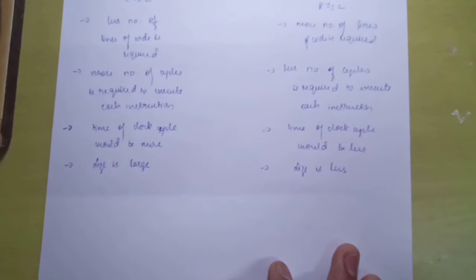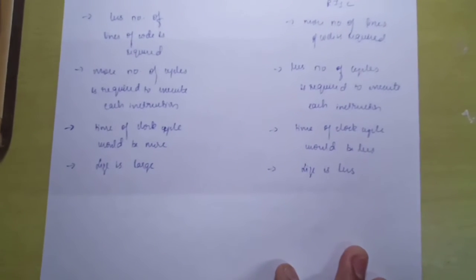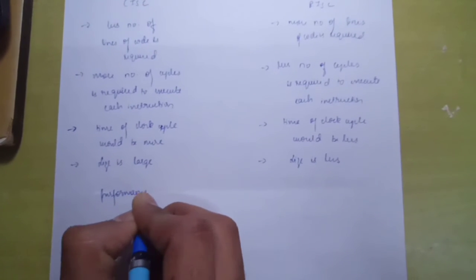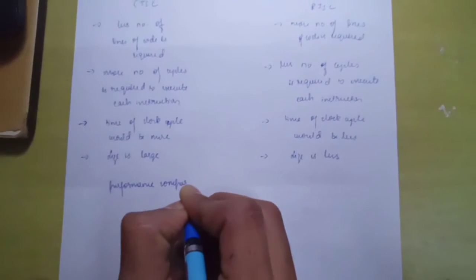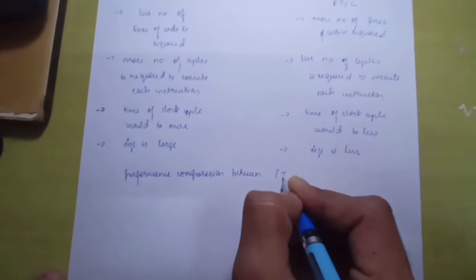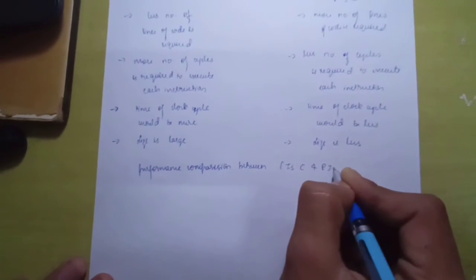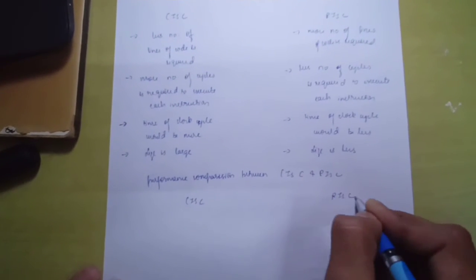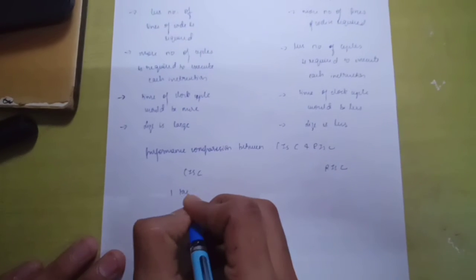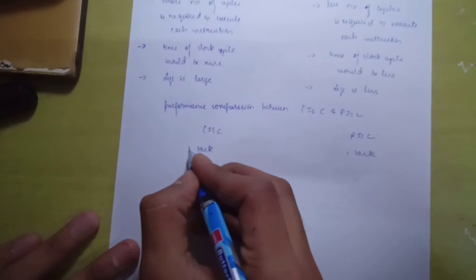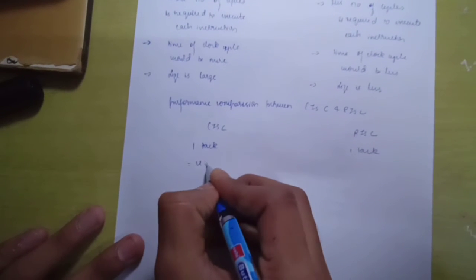Now, very important, we'll have a performance comparison between CISC and RISC. Say suppose one task or one job has to be done. Let's say in CISC, to do this job we require 4 instructions.